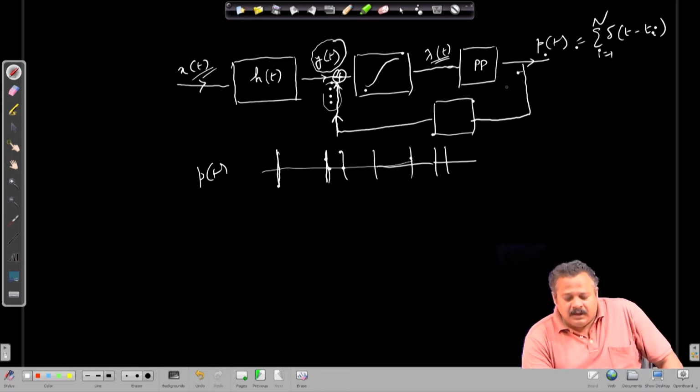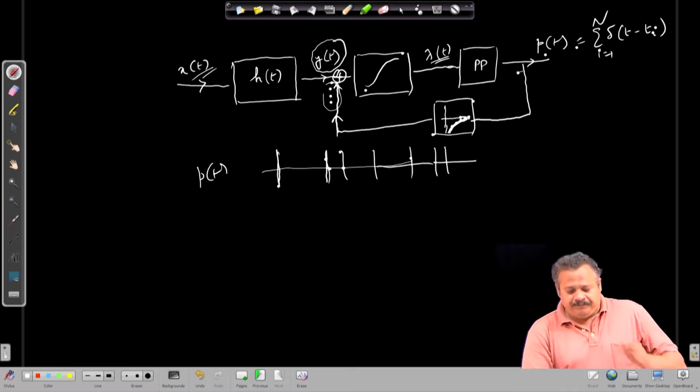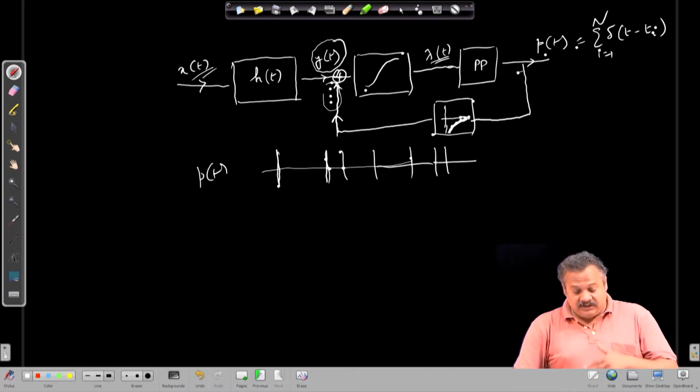So, essentially we can have something like a kernel that is a recovery kind of kernel, that immediately after a spike we reduce the membrane potential by a large amount, or as we go further out the membrane potential will be unchanged, whether there was any spike or not.